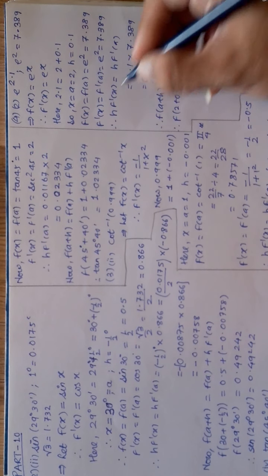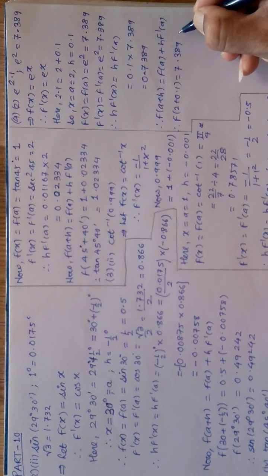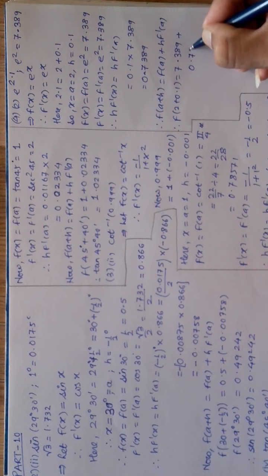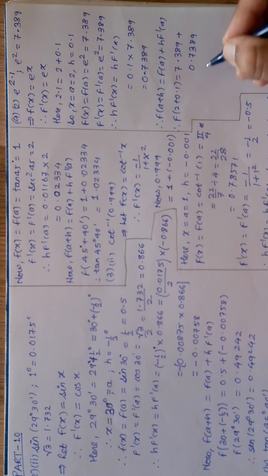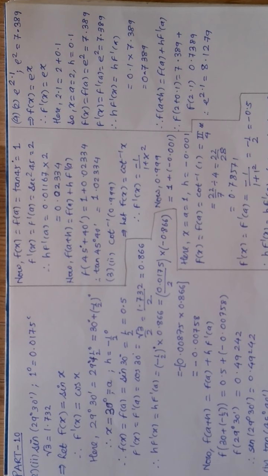Function of a is found out to be 7.389 plus h into f dash a is 0.7389. When you add this, you will get 8.1279. So e raised to 2.1 is nothing but 8.1279.